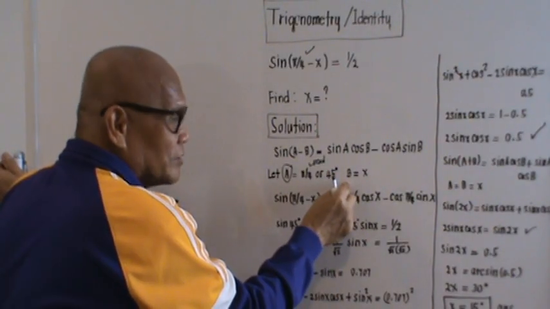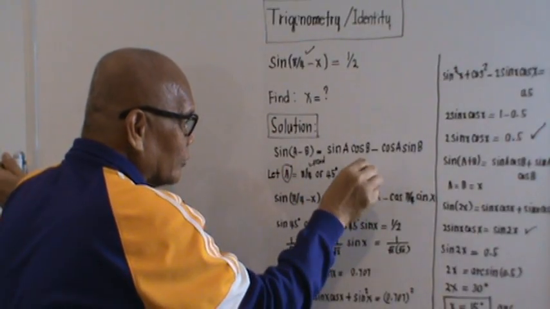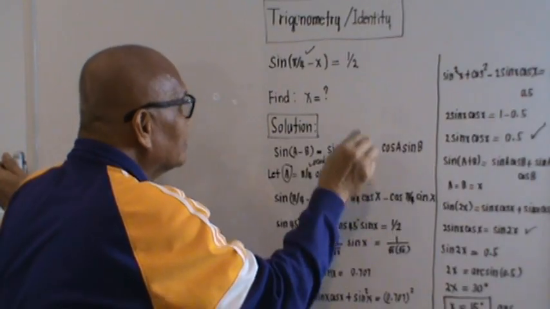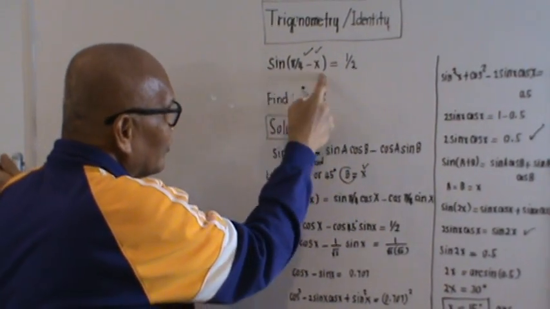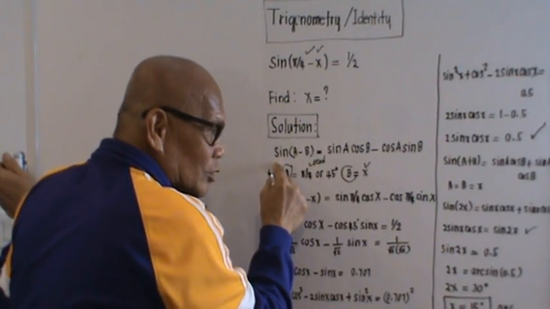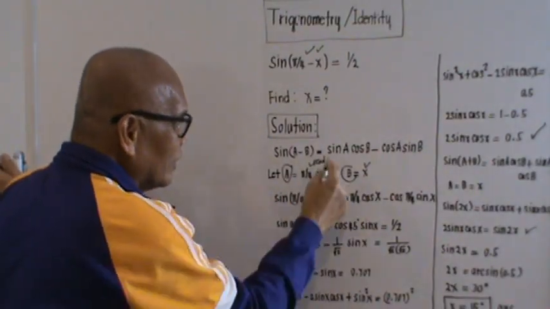And B here, the second angle, which is subtracted from A, is equal to x. So B is equal to x. If we bring out the equivalent of this by using this expansion of the sine of a difference of two angles, I will just follow this one.